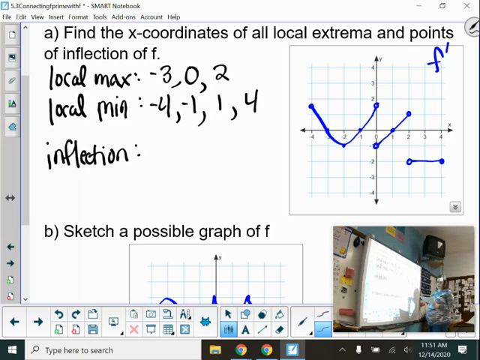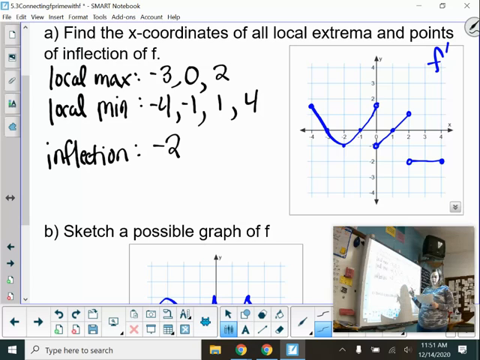Inflection points are going to be where you change concavity. You're going to change concavity at places where your derivative would have a slope of 0. So this derivative is going to have a slope of 0 at -2.